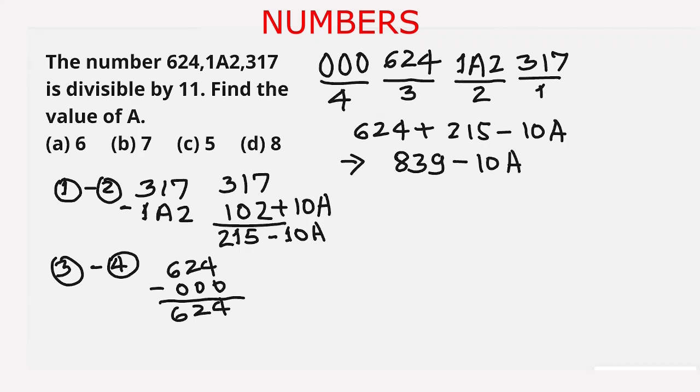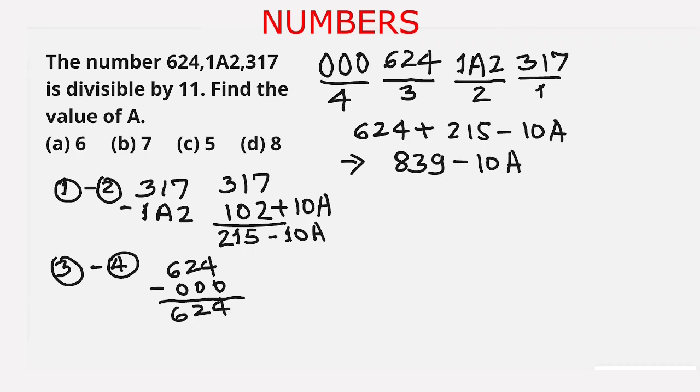Now as here it is 10A, it means that in place of A some digit will be there, so that we can find the value of A. And as this is 10A, it means that 839 must be subtracted by a two-digit number which is having 0 at one's place.